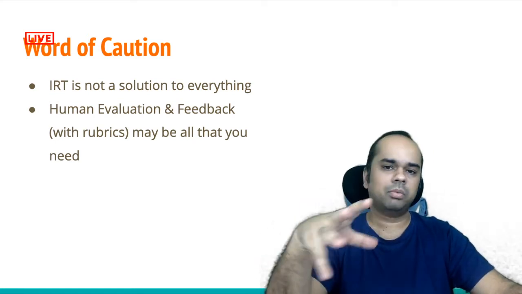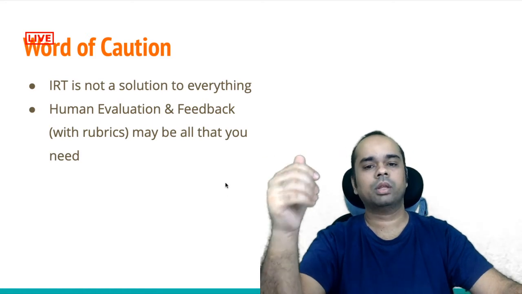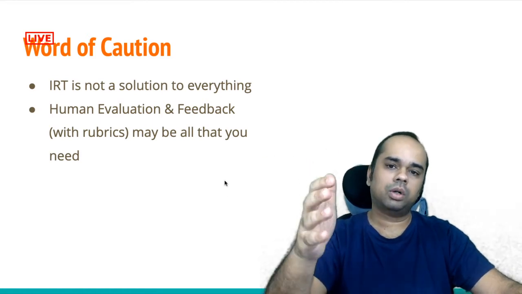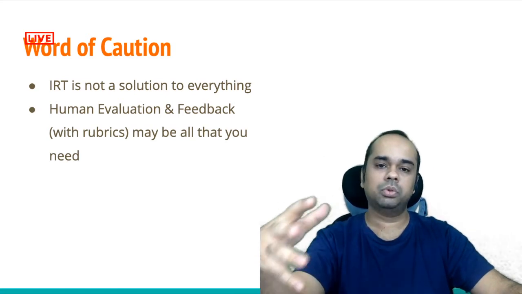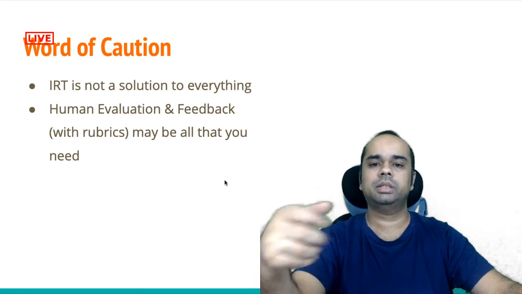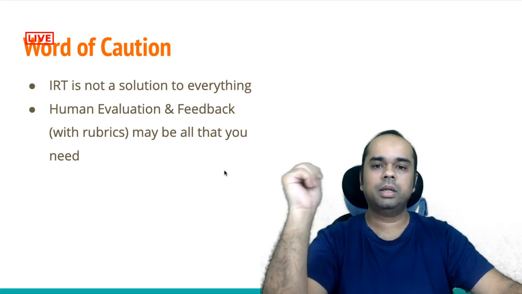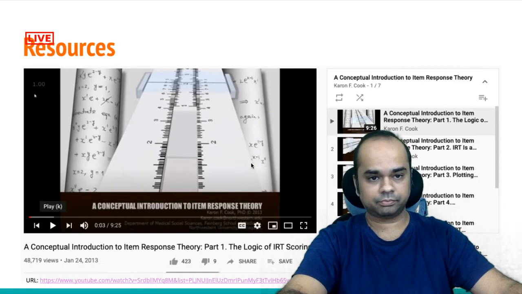It's a very well documented rubric, and maybe in one of these videos I'll share what a rubric typically looks like. That may also solve your business problems many times. You don't necessarily always have to get into item response theory, quantify it, measure it out, report it out. This may solve your problem just enough.